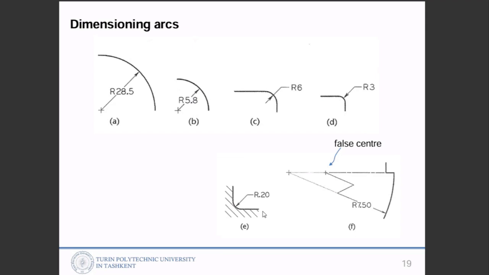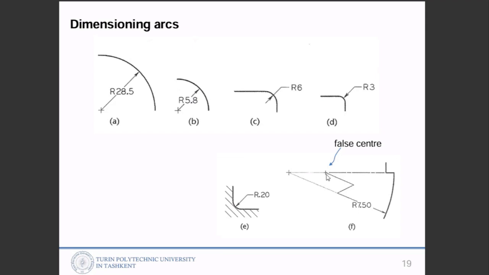Okay, in case there is no place to draw a center, or your page might be too small to draw the true center, then we can make a false center.